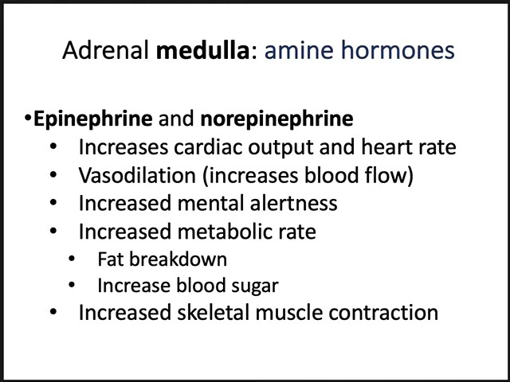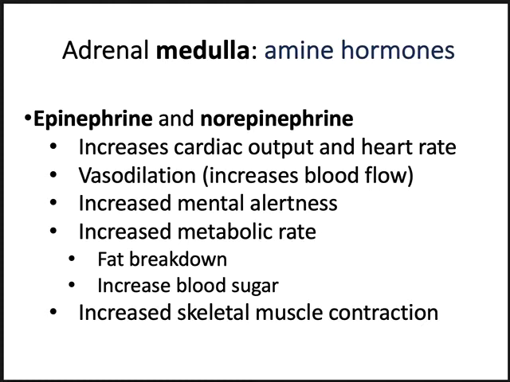Of course, you know of these hormones from your fight or flight response, right? So under an extreme stress situation, your body prepares for you to either run for your life or fight for your life, right? Both of these hormones are derived from the amino acid tyrosine, and they're in a category of hormones called the catecholamines, okay?